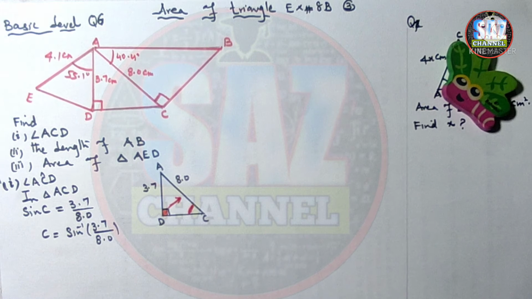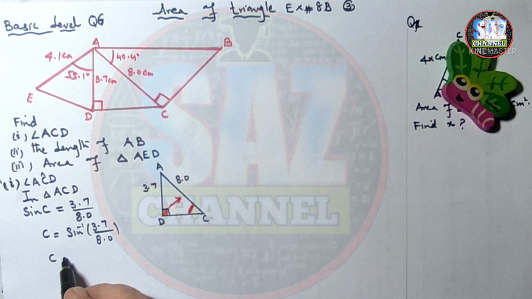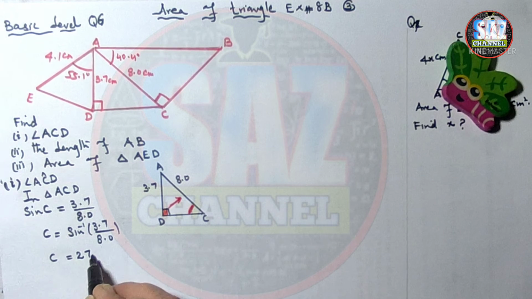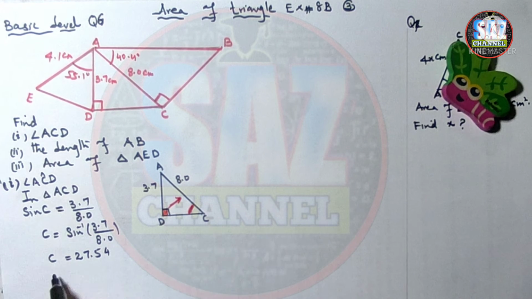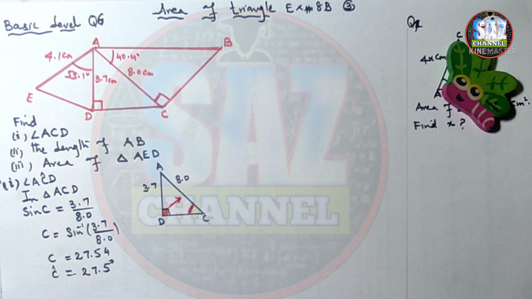Sine inverse of 3.7 divided by 8.0 gives me 27.54, so angle C will be approximately equal to 27.5. Angle C equals 27.5 degrees to three significant figures. I hope you are clear about this part.